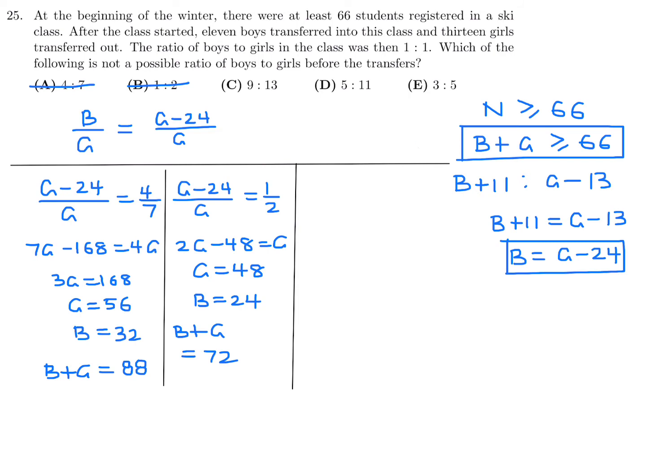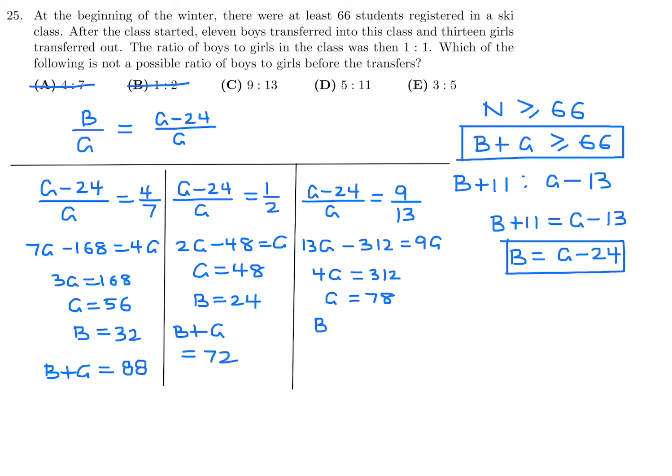So our next one is 9 over 13. So same thing, G minus 24 over G is 9 over 13. Let's see if this works. All right, 13G when you cross multiply minus 312 is 9G, and that means 4G is 312, and that means G is 312 divided by 4, which is 78.